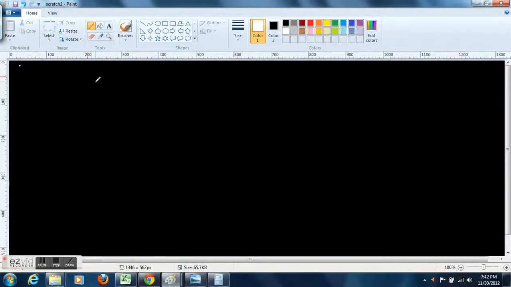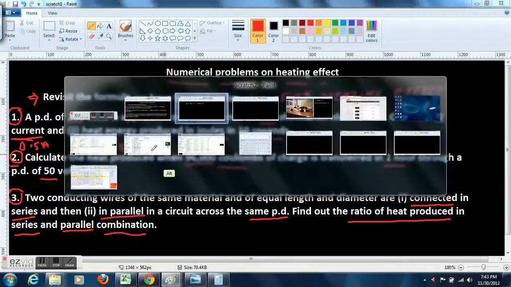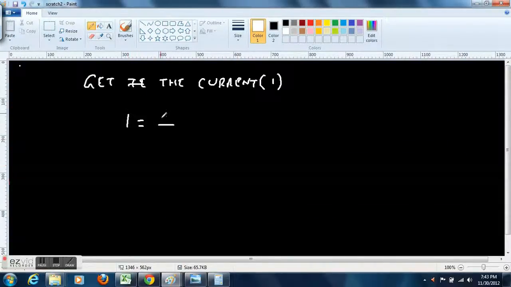Let us first find out the current flow. Current flow I is equal to quantity of charge upon time, that is Q upon time.